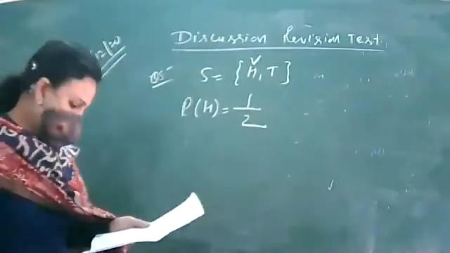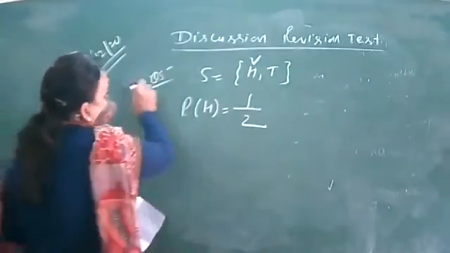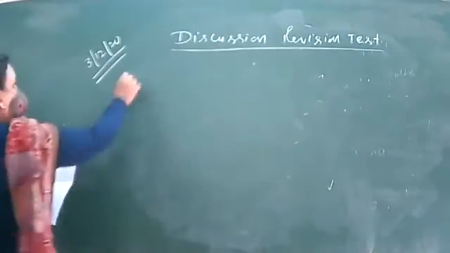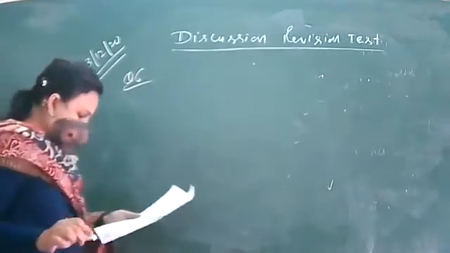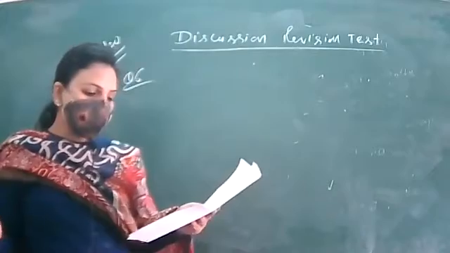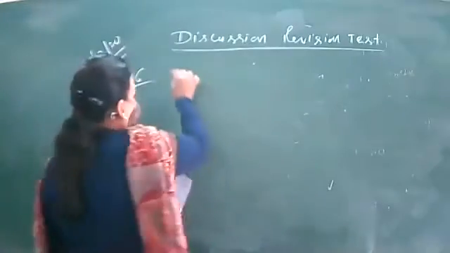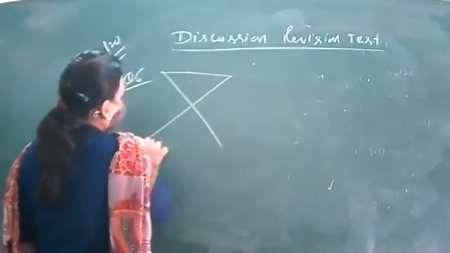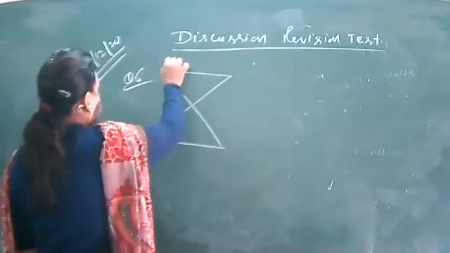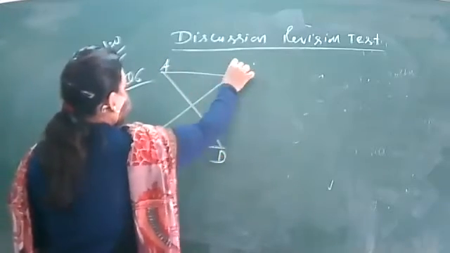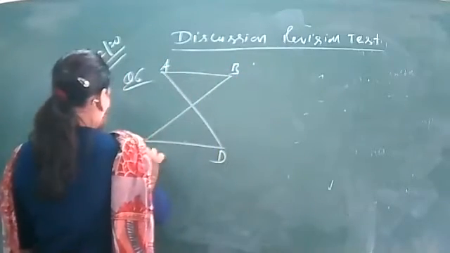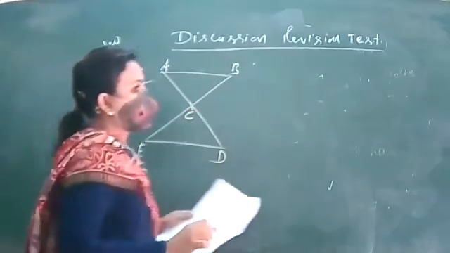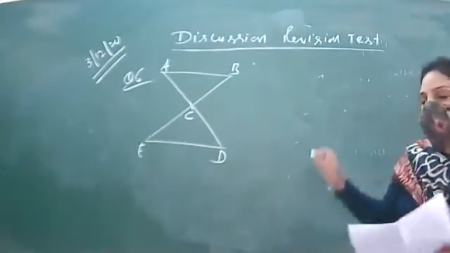Right? Chaliye. So the next question is question number 6. In the given figure, AC is equal to CD. First of all, let me make the figure. So what is given to us here?